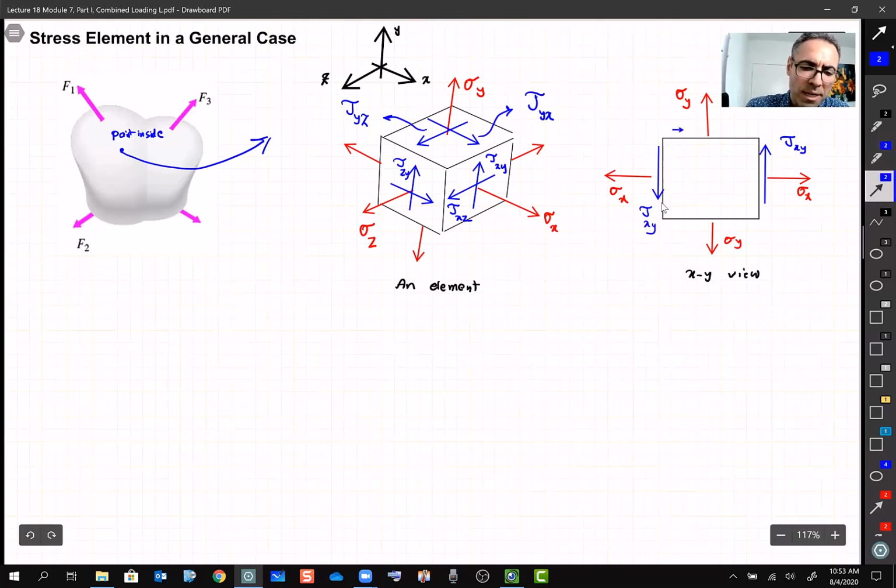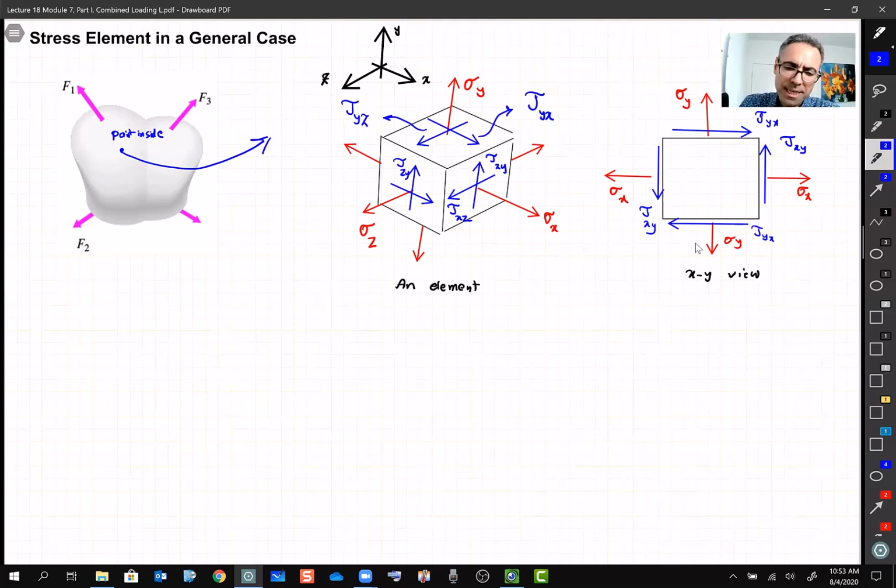Similarly, the one at the top, if we call this one tau yx, I have to have another one down there, canceling that one, and it has to be the same, tau yx. So this element is very small, but still it has a dimension, it has a length and width, which are equal.